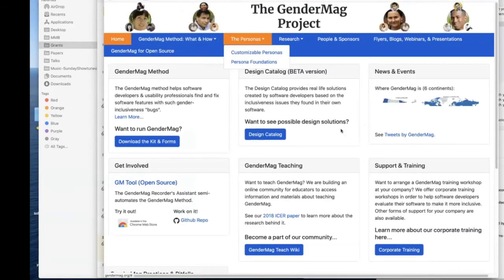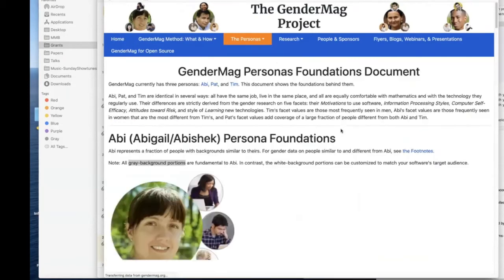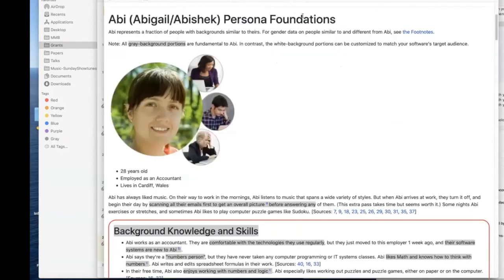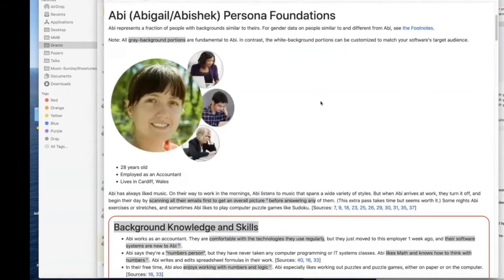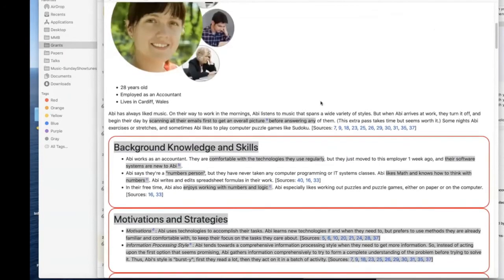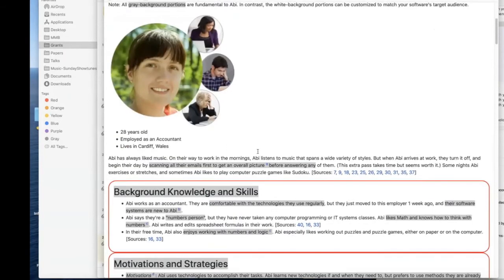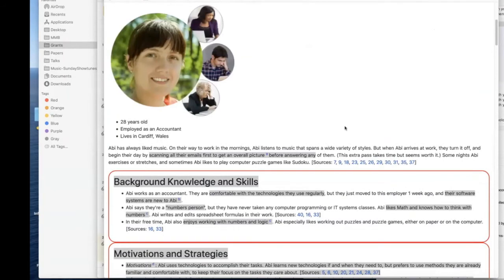And so what we've done here is we've given a slightly spread out repeat of the persona. So here's Abby, for example, and it's the same as the Abby persona you've seen before, except it's kind of spread out a little more, and there are splotches of gray, and there are a bunch of sources and footnotes.